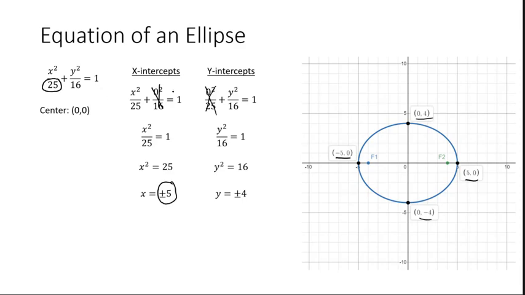And then for the y-intercepts, you take the 16, which is under the y term, and take the square root of that to get your y-intercepts of 4 and -4. So you could go through all this process of solving like we did here, but you could just realize you take the square roots of the numbers under the x and then under the y terms.